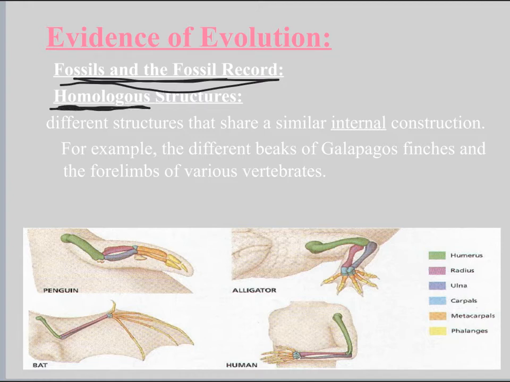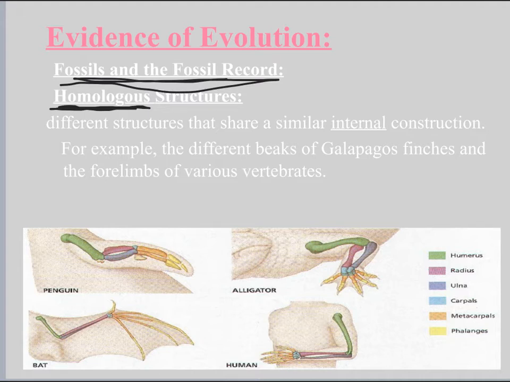Homologous structures are things in different organisms that at first glance seem very dissimilar, very different from each other. But in reality, when you actually look at the anatomy of those structures, they're very similar.